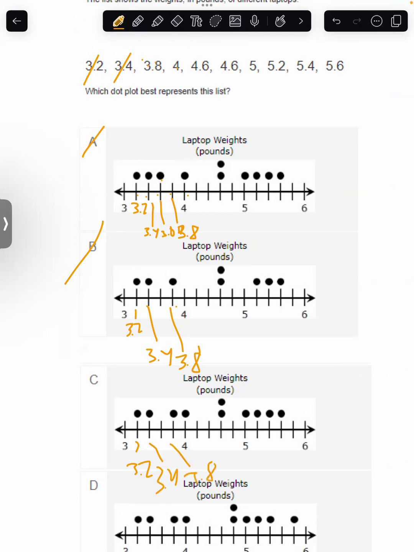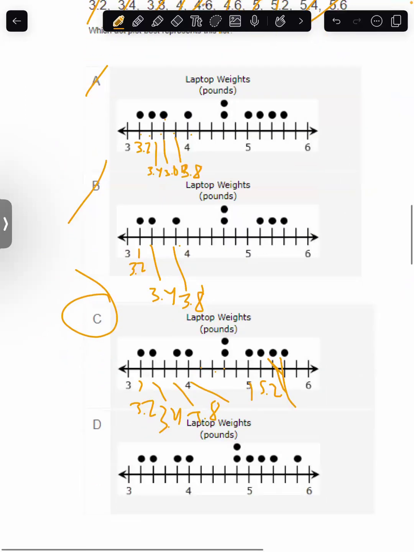Good. Then 4. Yeah. Then 2 4.6s right here. 4.2, 4.4, 4.6. Then 1 at 5. That works. So this would be 5.2. Yeah. 5.4. Yeah. And 5.6.